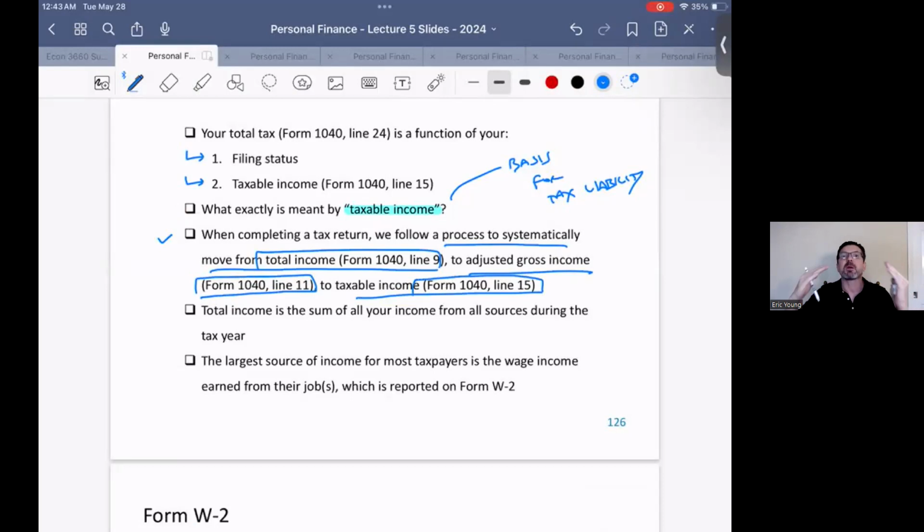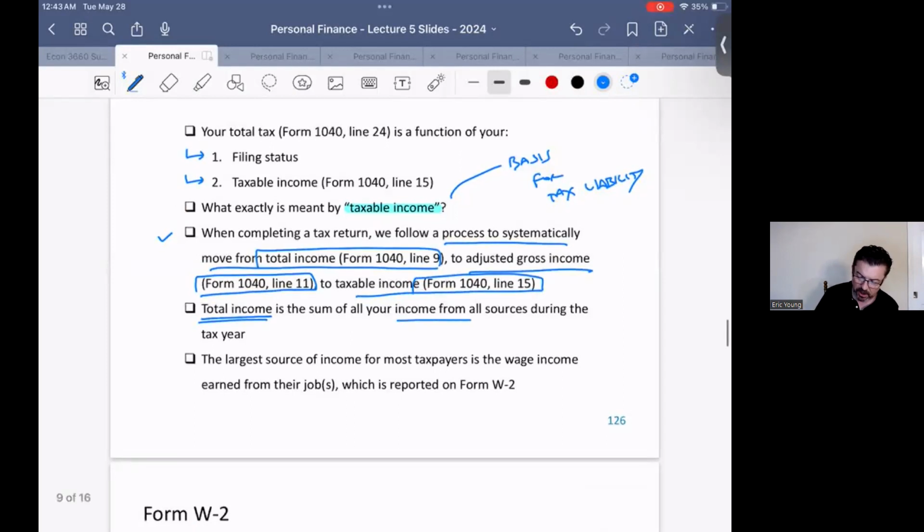Your total income, which is the amount that you made, that's the sum of all your income during the year. But again, total income is not the same as taxable income.